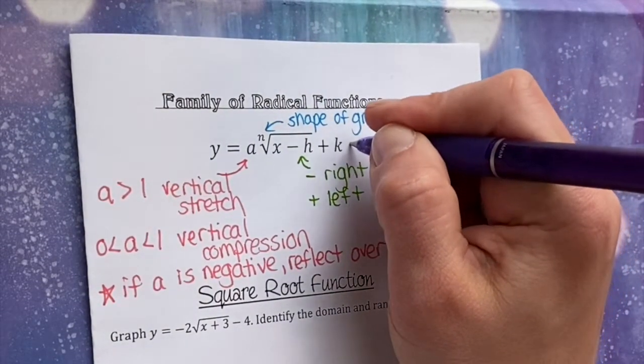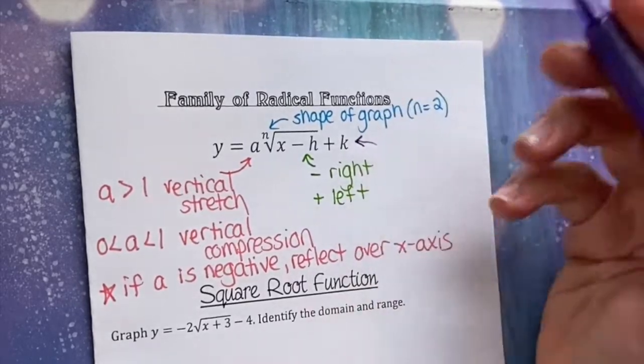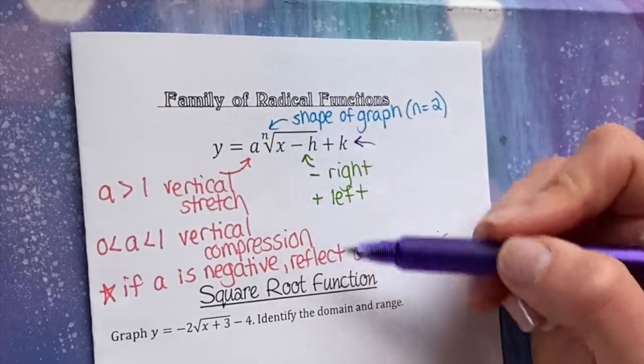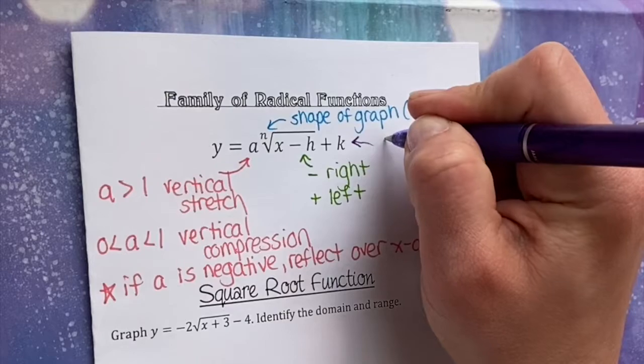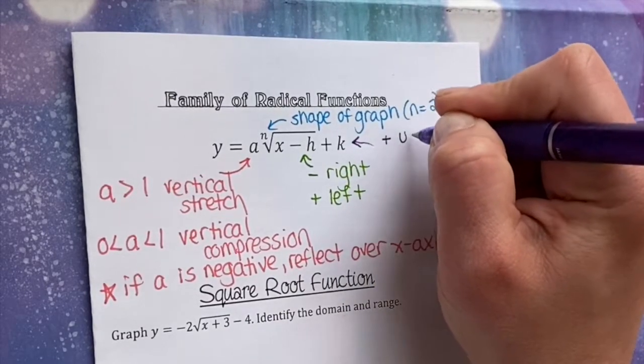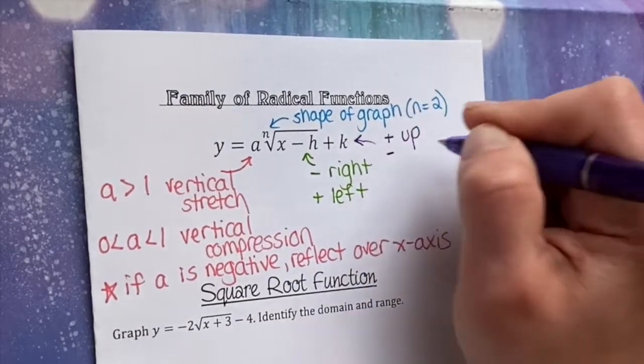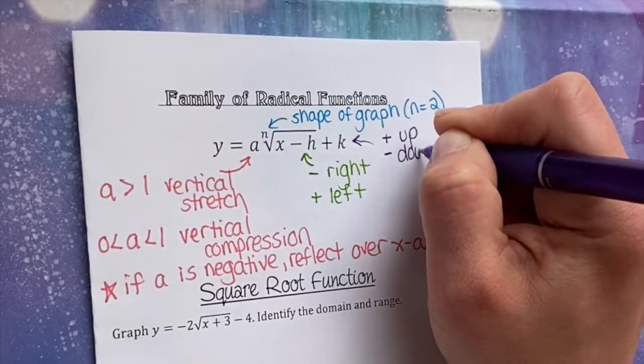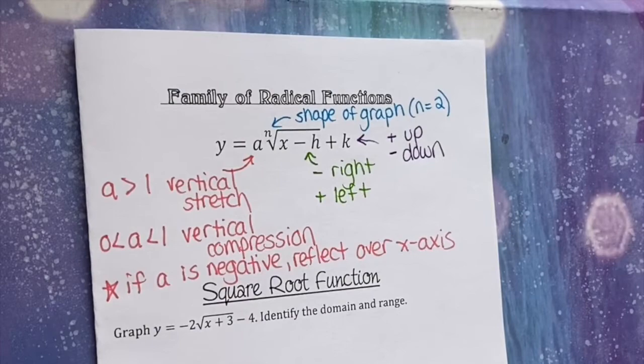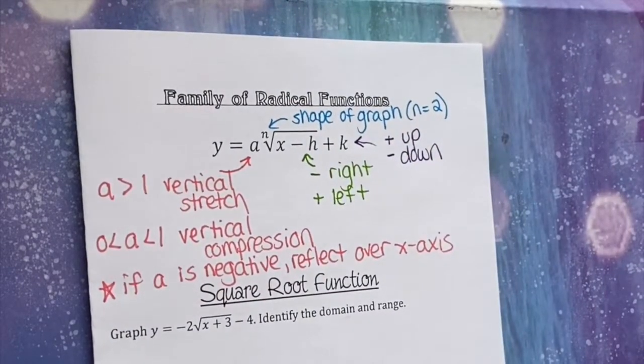Let's finish up with K. So K tells you if you're moving up or down. If you are adding, or if K is positive, you're moving up. If you're subtracting, you're moving down. K tells us the y value of our endpoint.